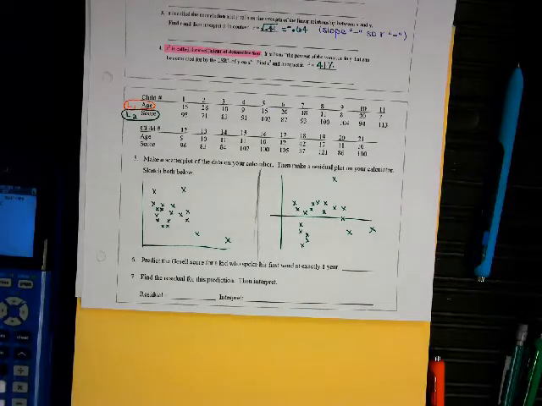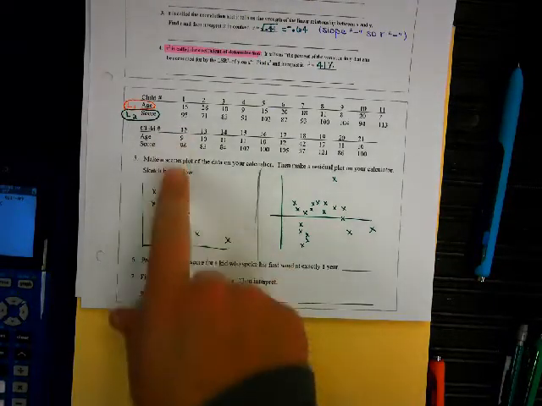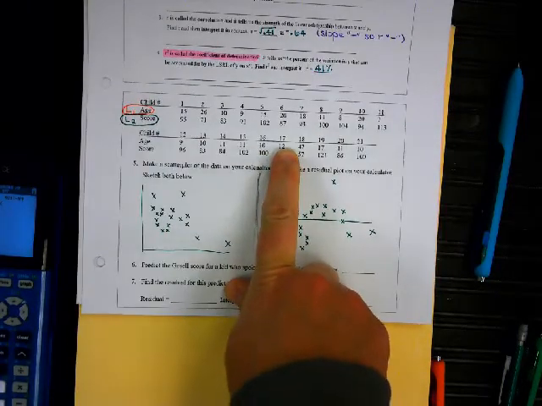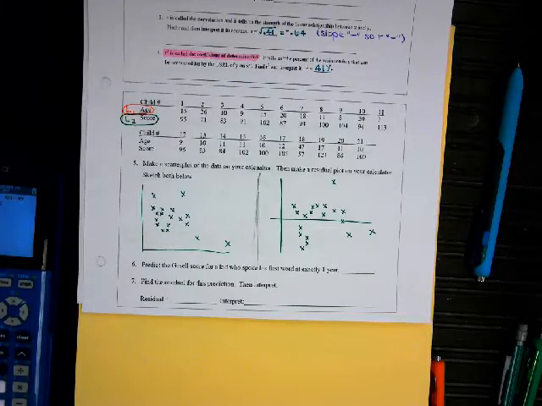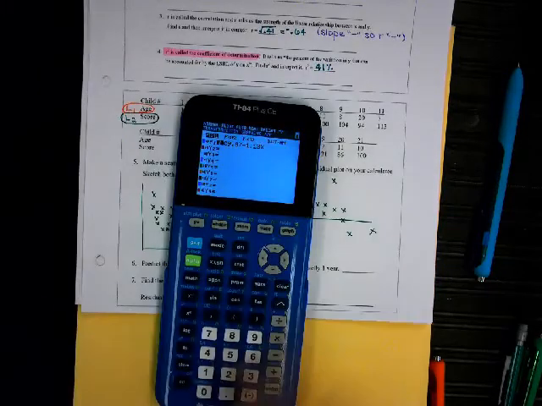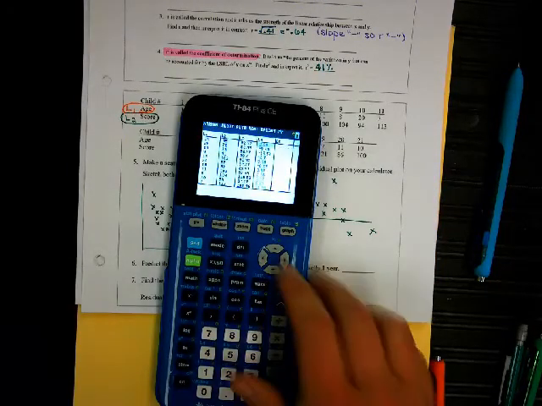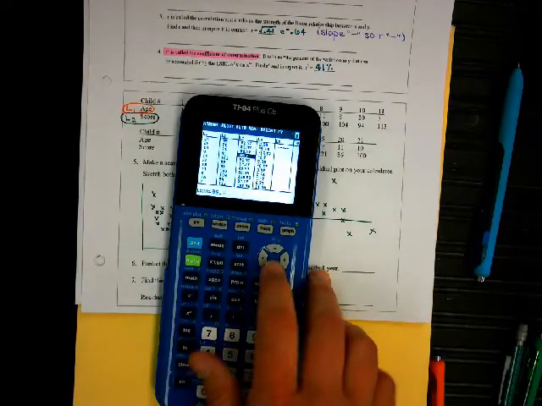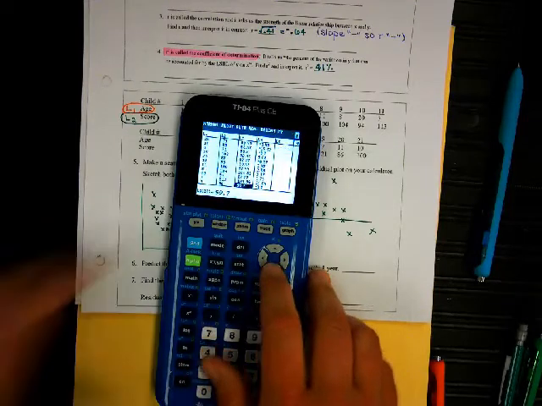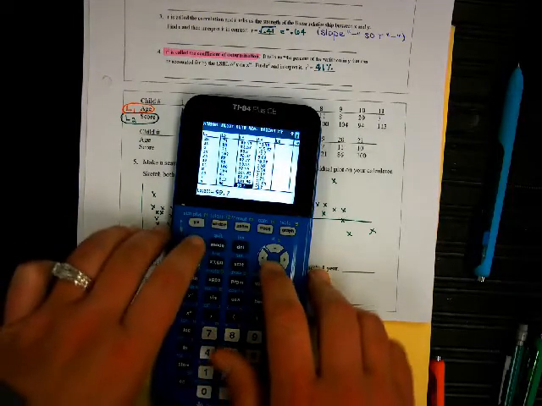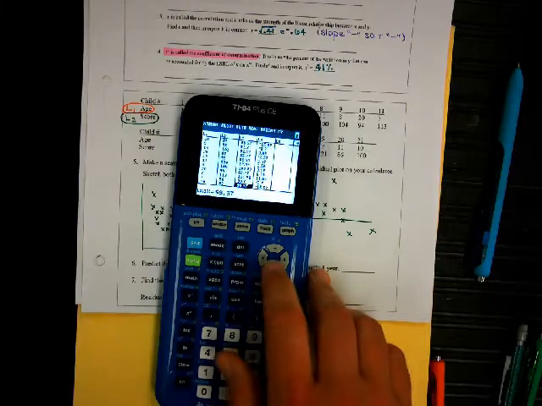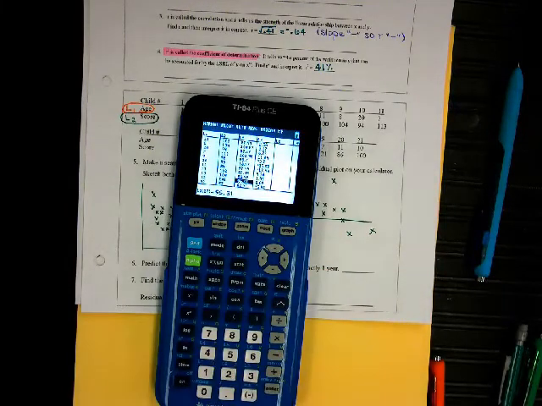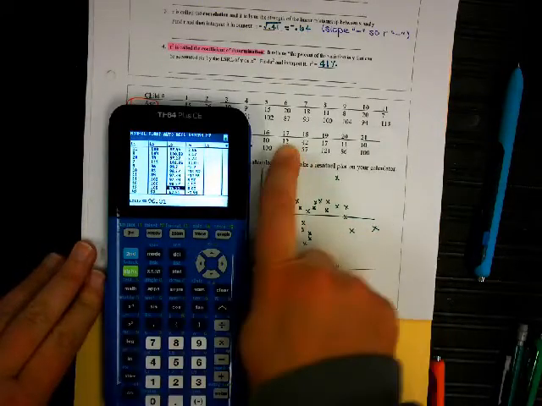Because child 17 spoke his first word at 1 year, 12 months old. So what if we go into our lists? List 3 is all the predicted scores. And we want to find the 17th one.